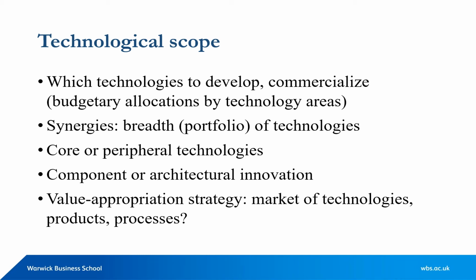Further, a firm decides whether it will work on the core technologies or peripheral technologies. Similarly, whether it will innovate in component technologies or product architecture. Let me explain the distinction between the two. So, smartphone was an architectural innovation. iPhone was a new product architecture.